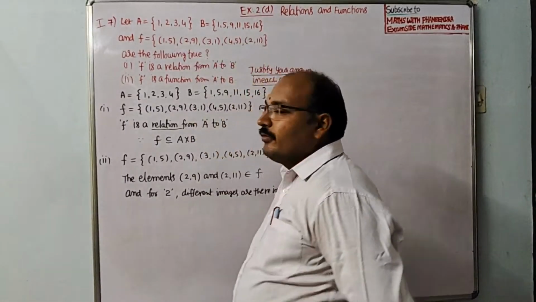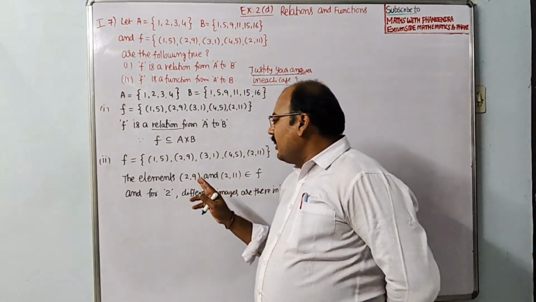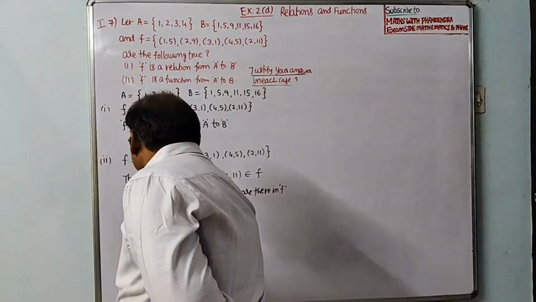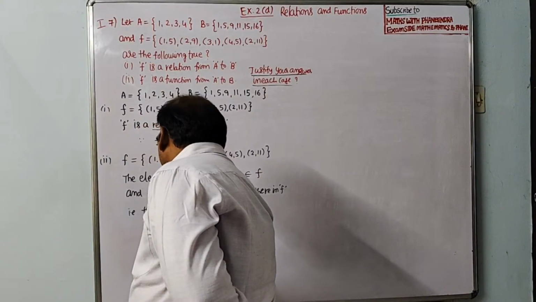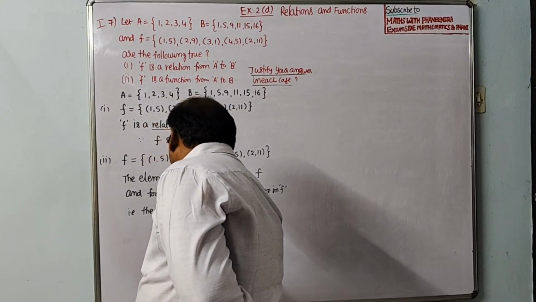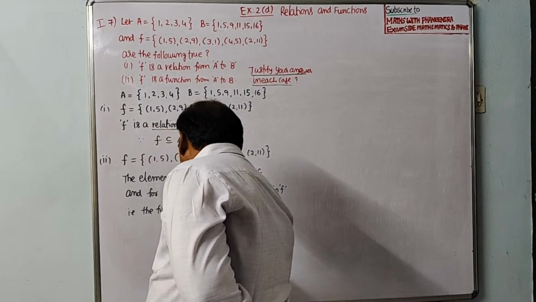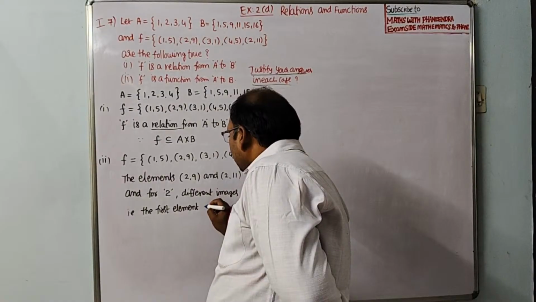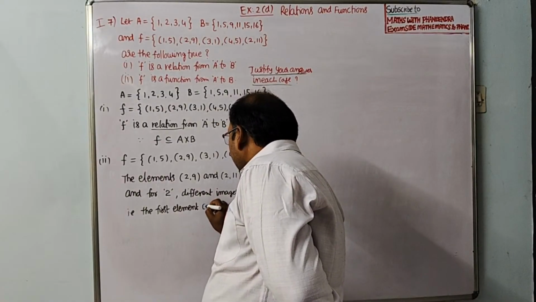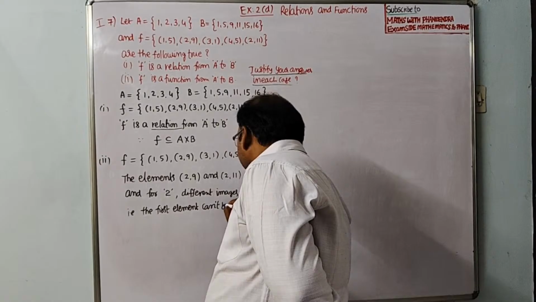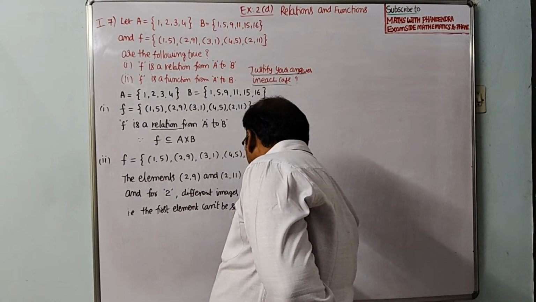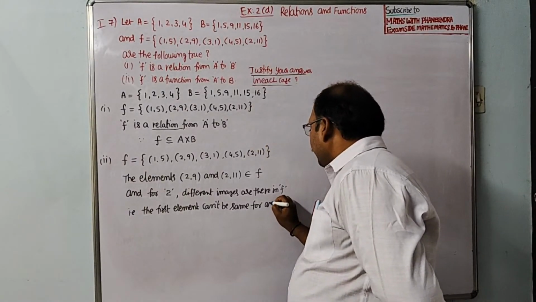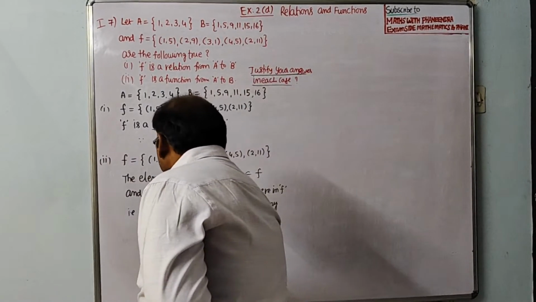That means the first element of two ordered pairs cannot be the same for any two ordered pairs.